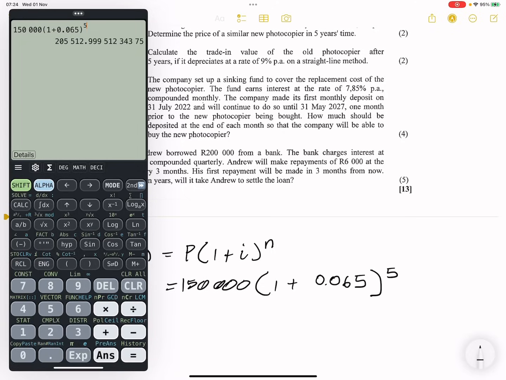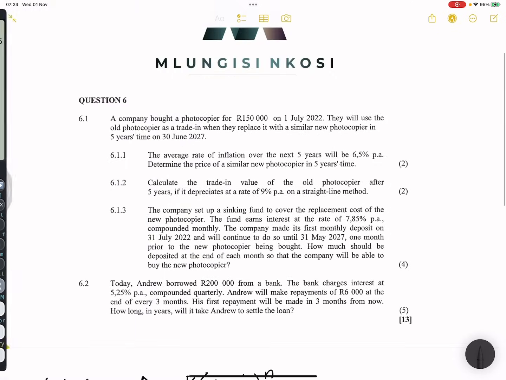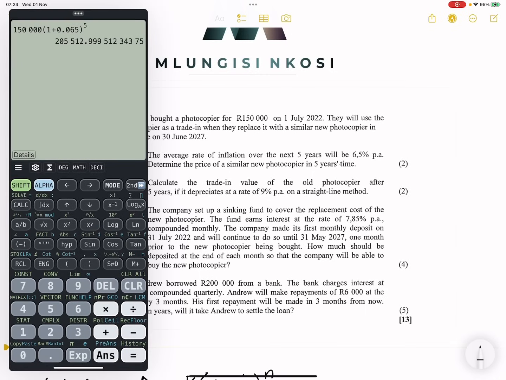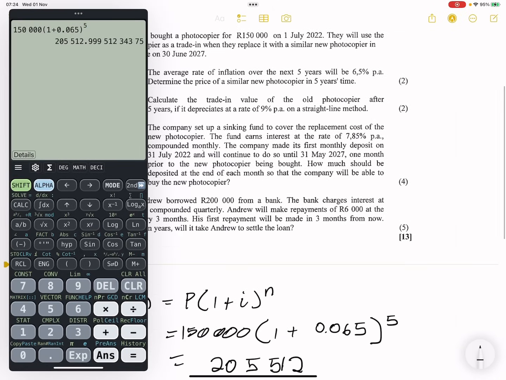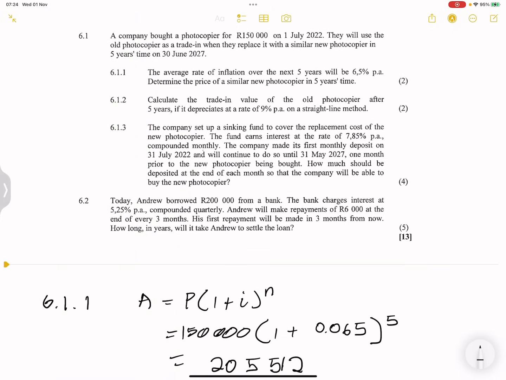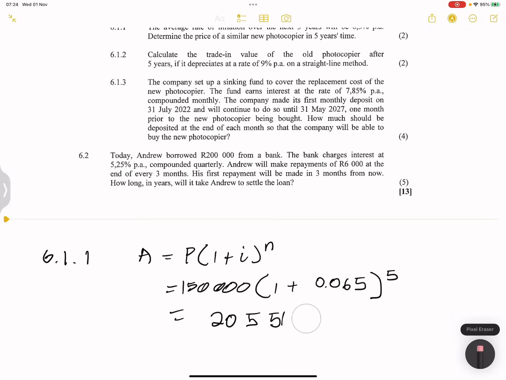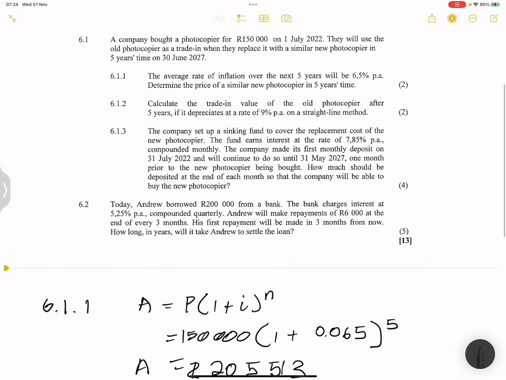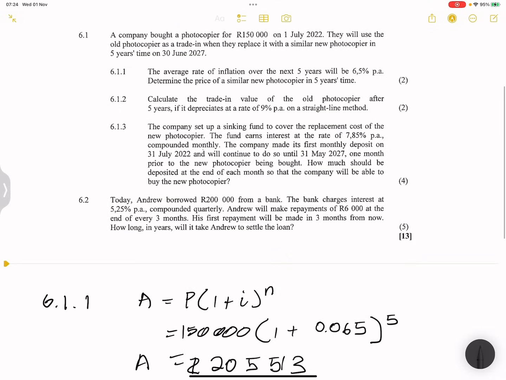That gives us a value of 205,512. In fact, we might as well say 513, because that's 99 cent. So let's say 513 rands. So that's how much the copier will cost in 5 years' time.